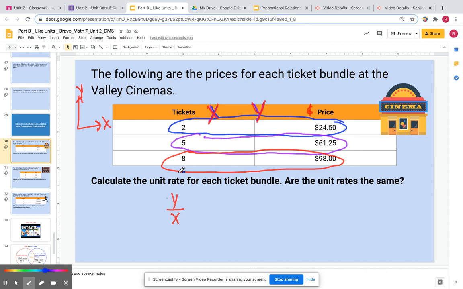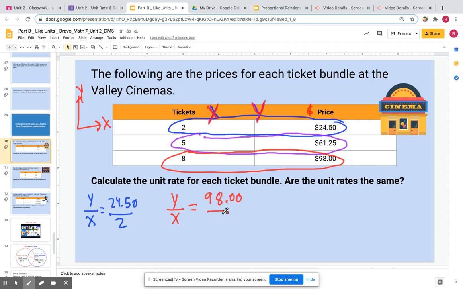So for the blue pair, we have Y over X. So the numbers that I had to divide out are 24.50 divided by 2. For the red one, the numbers are actually, I didn't notice those on the bottom, 98.00.